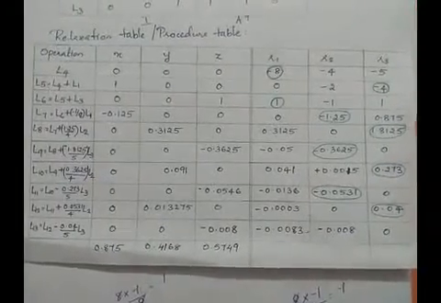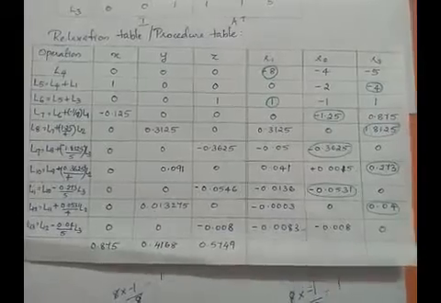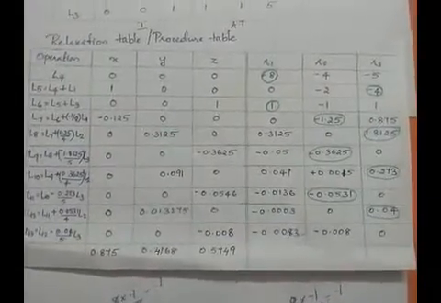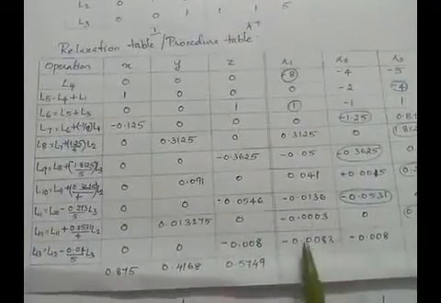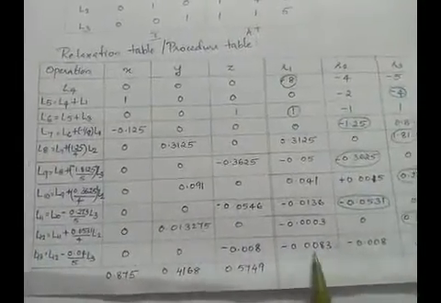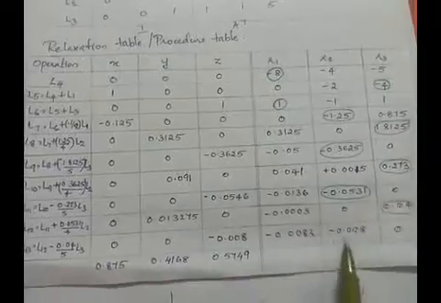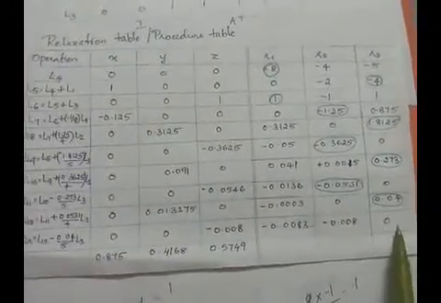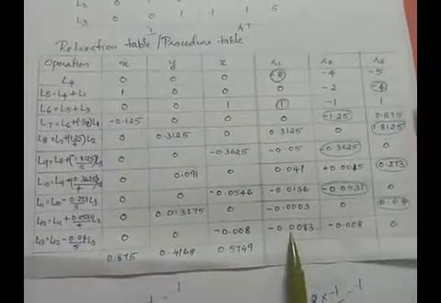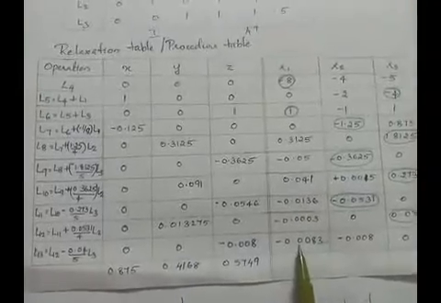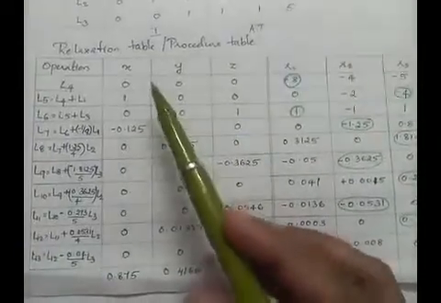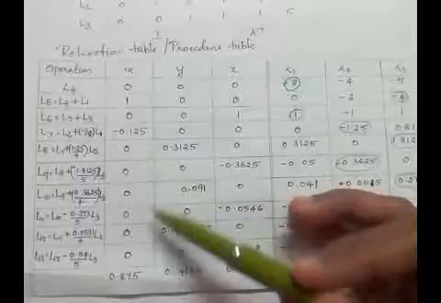Here I have stopped at 0.00 values. Look at the last row: in L13 the residuals are minus 0.0083, minus 0.008 and 0. So I have stopped here.